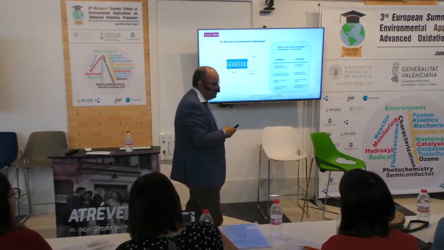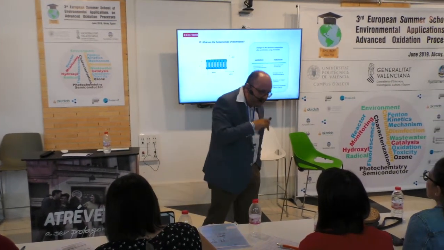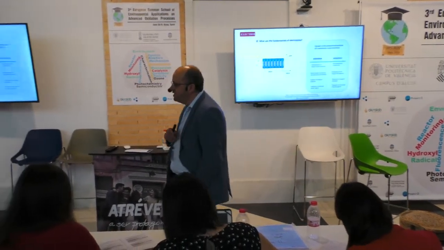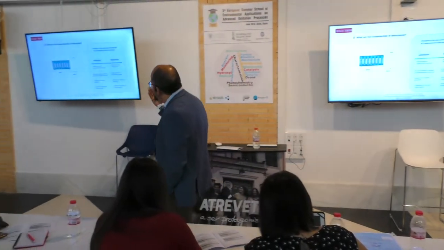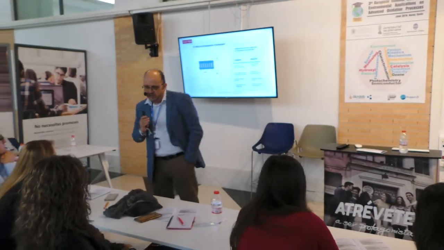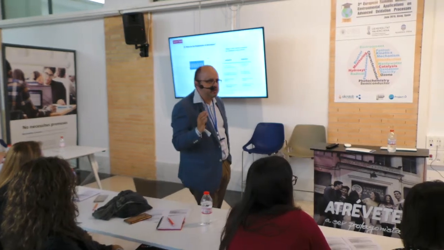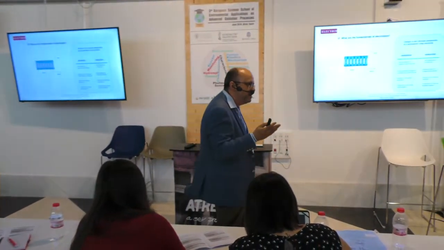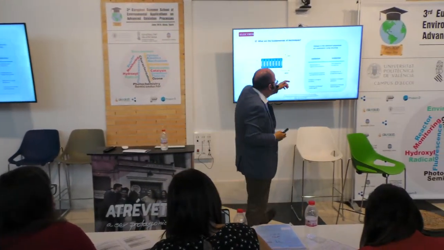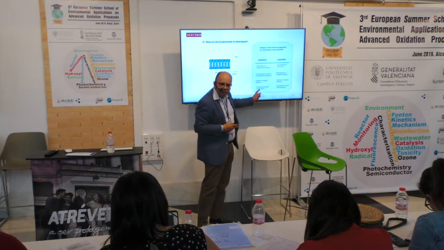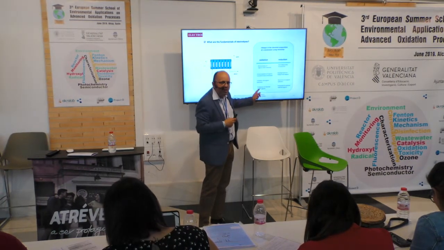And the third technology, the one most related with this school, is electrolysis. Electrolysis means that we are going to change the chemical composition of wastewater by using electricity. Okay? And we can change the chemical composition in many ways. We are not only going to oxidize organics. We can oxidize inorganic compounds. We can produce chemical oxidants.